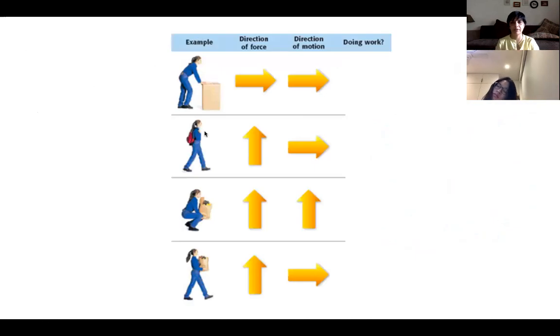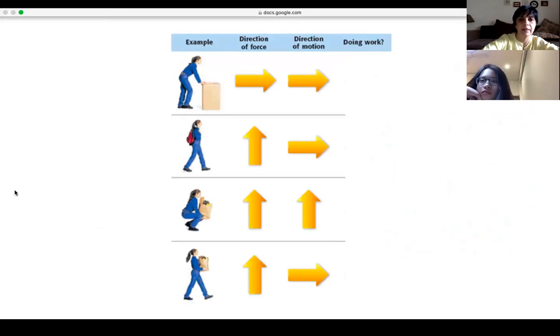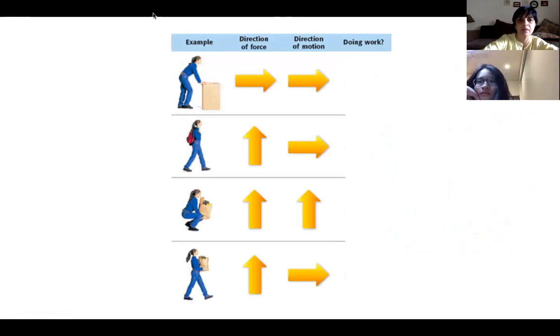Now you're going to tell me here. Let's look at these pictures, and you're going to tell me if the work is being done or not by this girl. Tell me what's happening in the first one. Is the work being done or not? Okay. So let's write yes here.